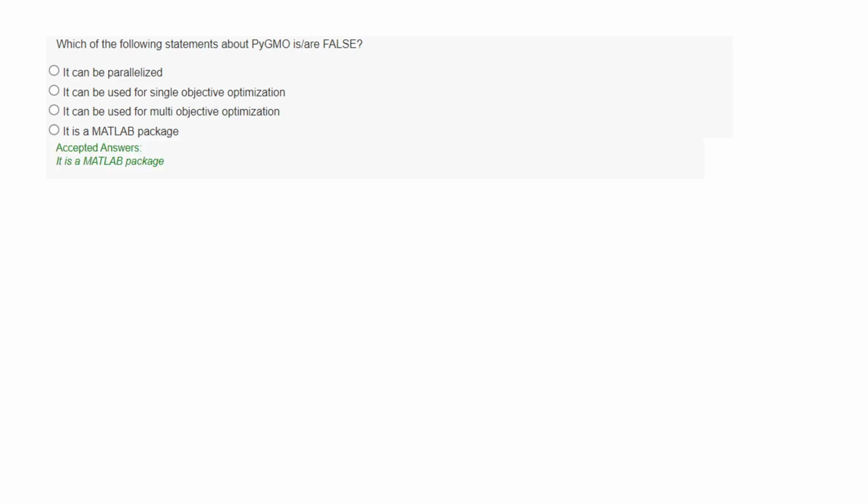So this is very evident. It's not a MATLAB package, it's a Python package. And the rest of it is true. It can be parallelized, it can be used for single objective function or multi-objective function, both. Let's move on.